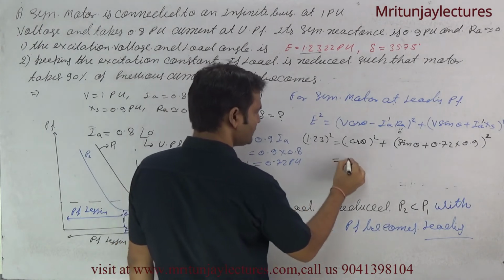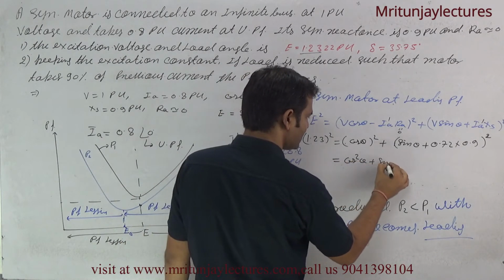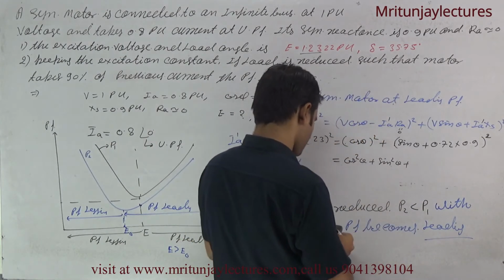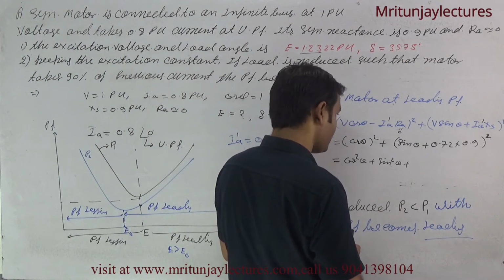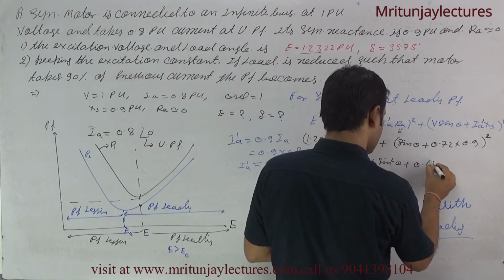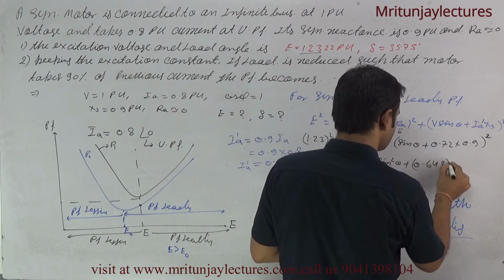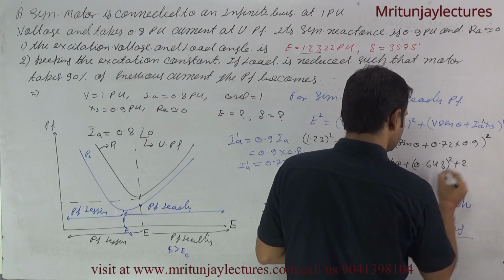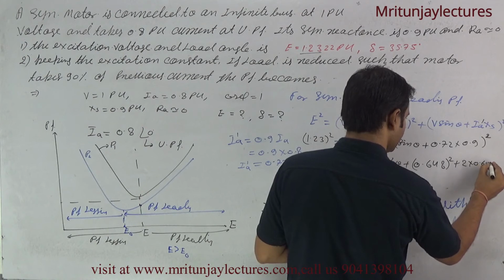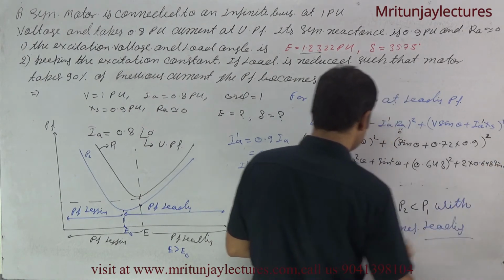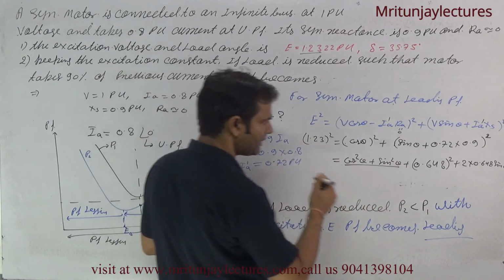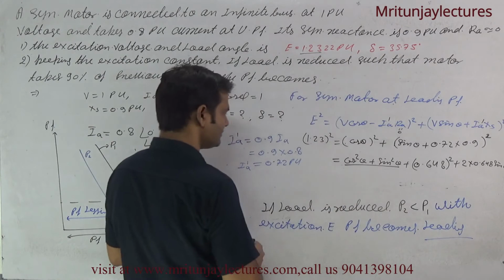Clear? So cos square theta plus sin square theta plus the whole square plus 2 into 0.648 into sine theta. Okay, this one and this one, that is 1.